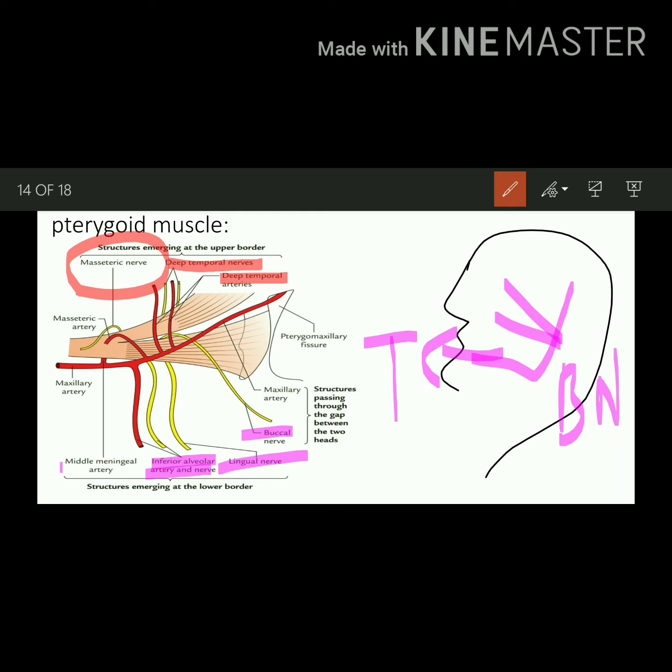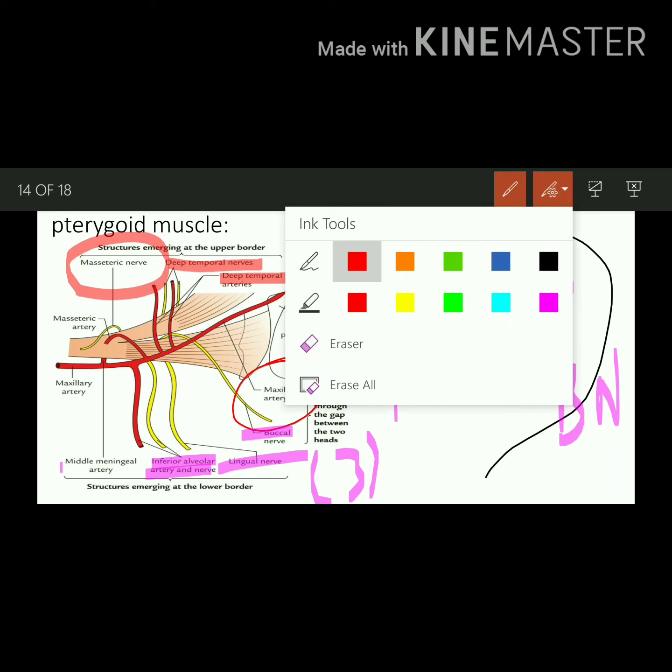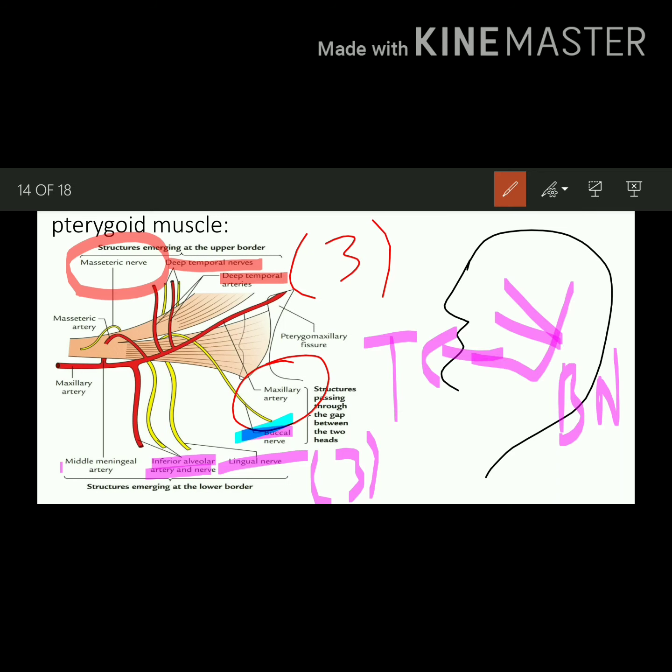So these three structures come down and are related below, whereas the other three structures are related above. What comes in the middle will be the maxillary artery as well as the buccal nerve. The buccal nerve comes in the middle.